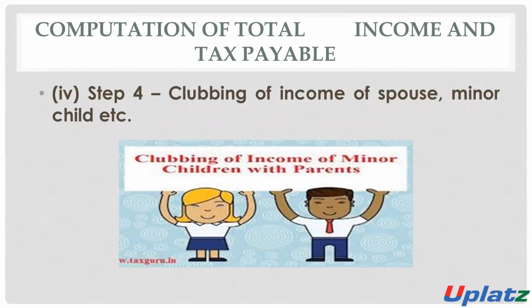Next step is clubbing of income of the spouse and minor child. After calculating the income of the particular head, now we will club the income of the spouse or the minor child. If there is any minor child who is earning any income, then his income will be taxable in the hands of his parent.